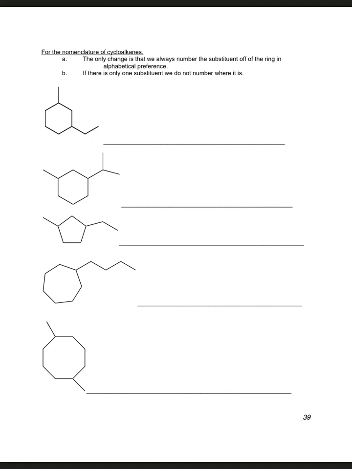For a cycloalkane, the only change we have to do is number the substituents off the ring in alphabetical order, and we put cyclo in front of the alkane. So this would be a cyclohexane, because it's a 6 carbon chain, and it has a methyl and an ethyl, so we need to number the ethyl first because it goes alphabetically.